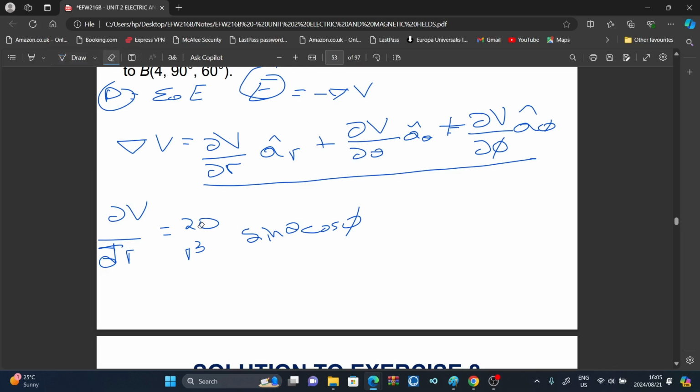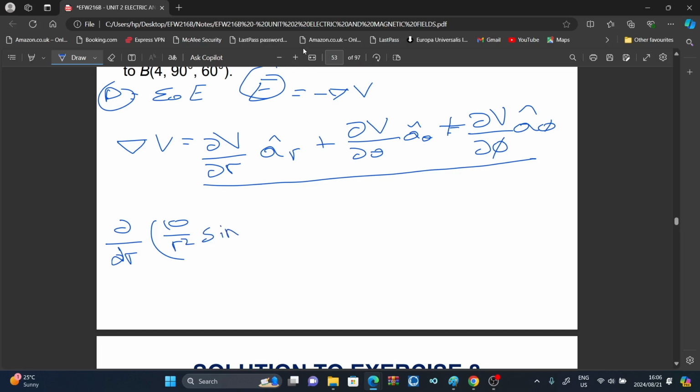Then your final differentiation should look something like this. Or let me just do it, for those of you who are confused, you can do it like this. You just differentiate in terms of R, which is 10 over R squared sine theta and cos phi.